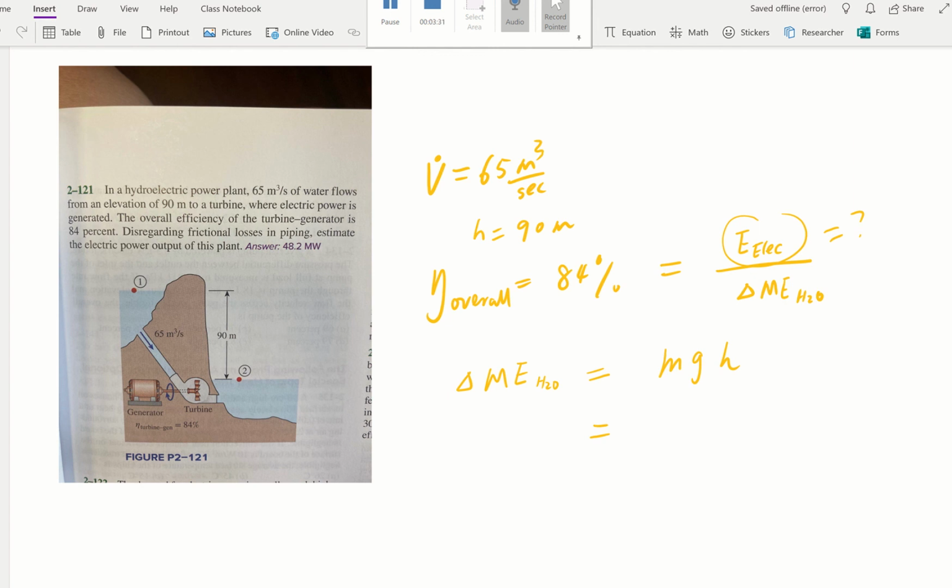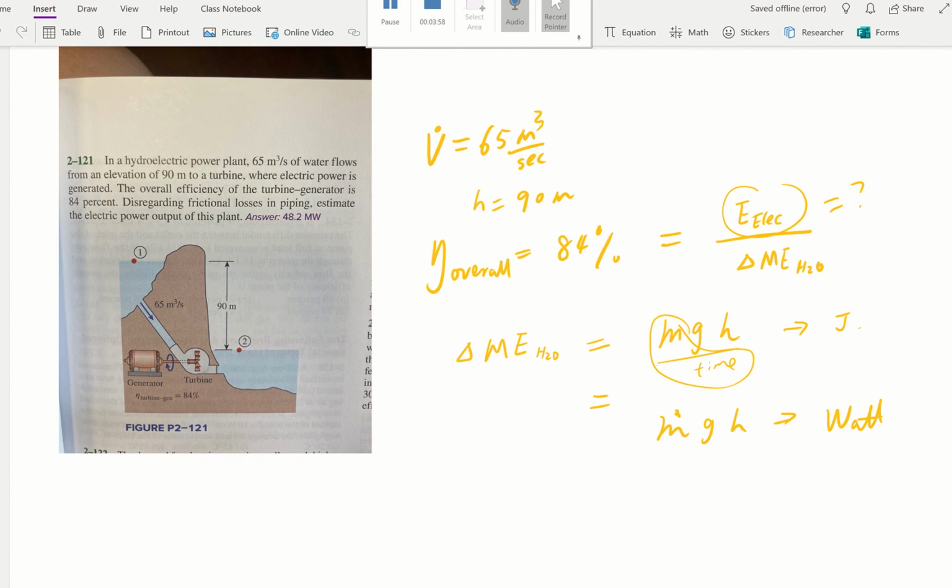This is in energy, so this is in joules. But if you want to get watts, we have to divide by time. So if we divide this by time, what would we get? We have mass over time, so that's going to be the mass flow rate, times g h. That's going to give us a unit of watt.